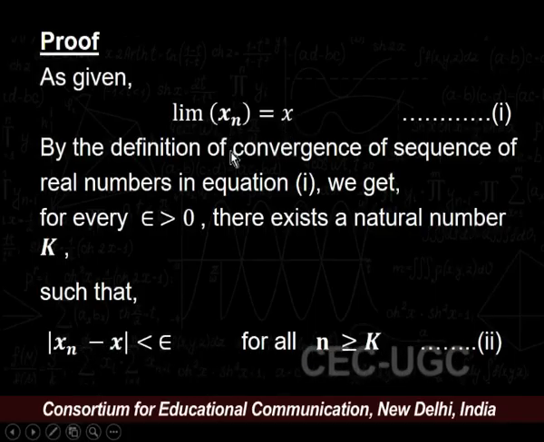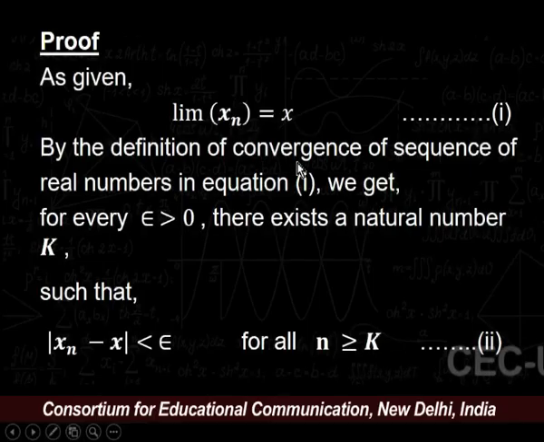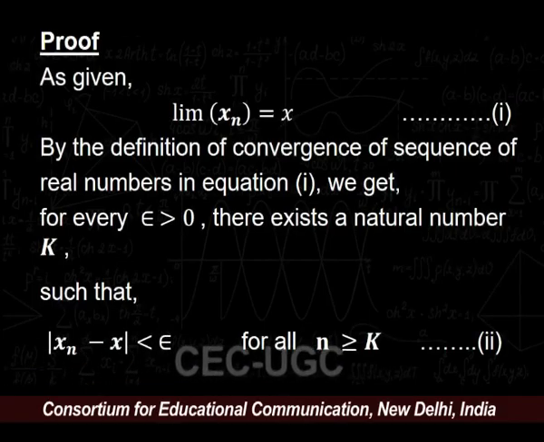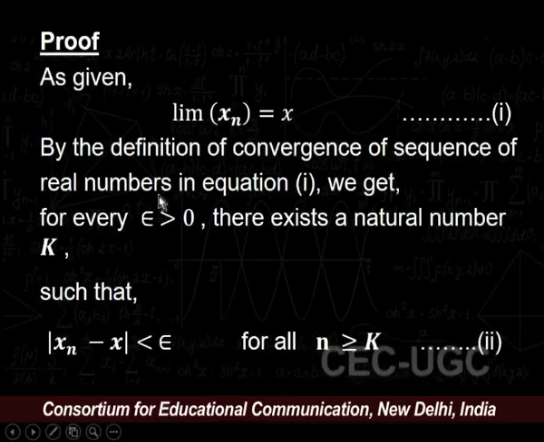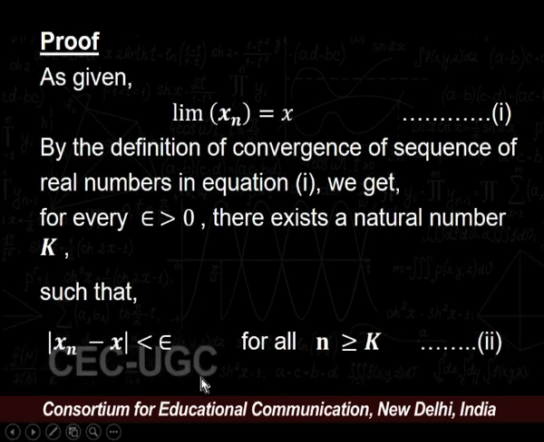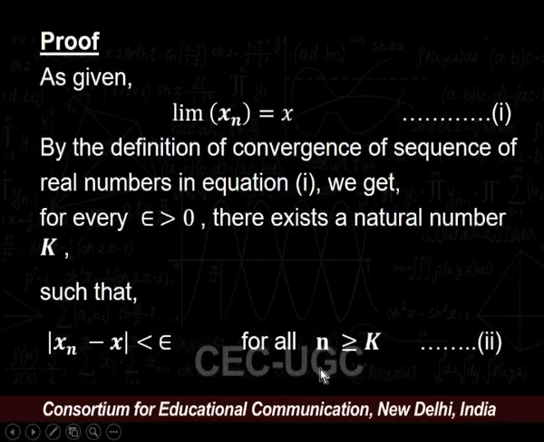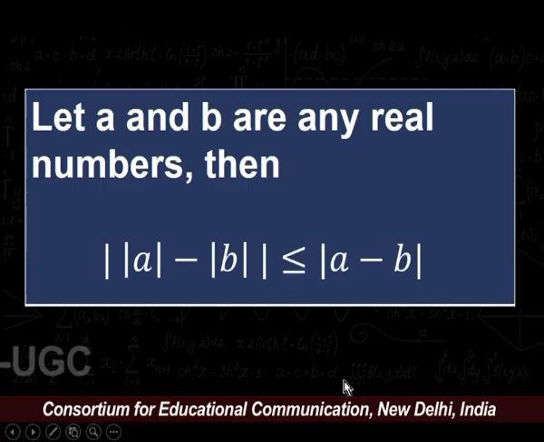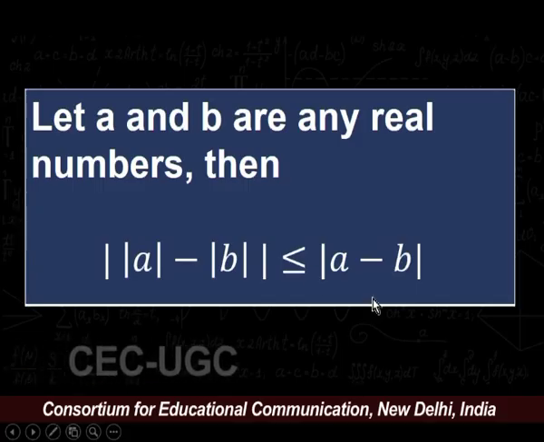Now, by the definition of convergence of sequences of real numbers, we can say that for every epsilon greater than 0, there must exist a natural number k depending upon that epsilon such that modulus of xn minus x is less than epsilon for all n greater than or equal to k. Say this is our equation number 2. Now, recall the result for absolute values.